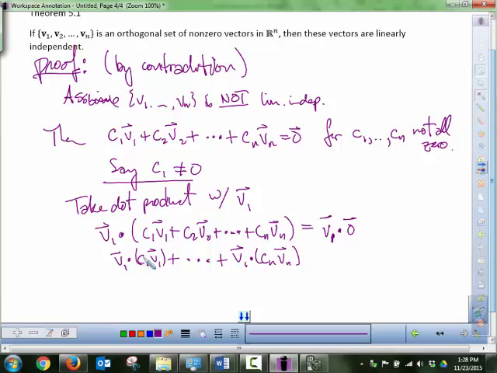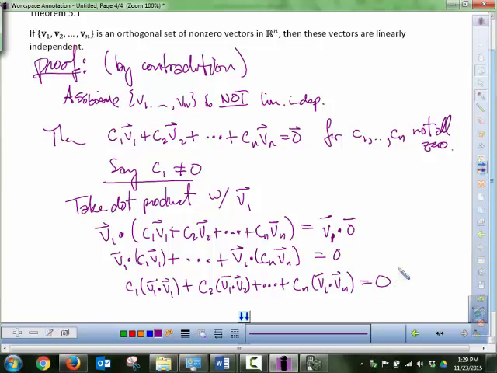So I'm going to move the scalar out and then just say scalar times the dot product V dot V. Which, by the way, is equal to 0 because I have my vector dotted with the 0 vector. So this is equal to 0.